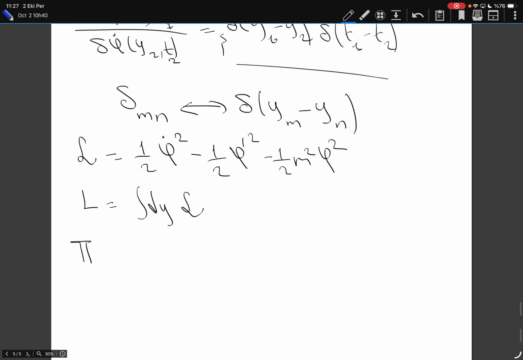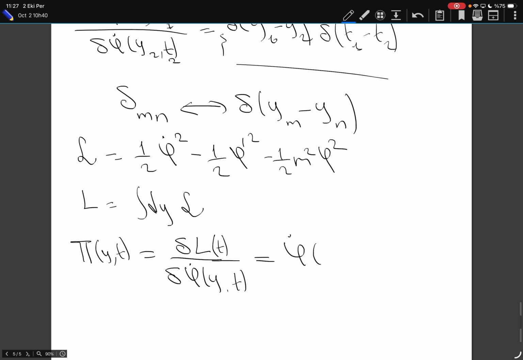This will be the derivative of my Lagrangian with respect to phi dot. This is the momentum at the point y and t. I need to take the derivative of my Lagrangian at time t with respect to the time derivative of my field at position y and time t. And this already gives me my momentum. This will be just phi dot of y and t.